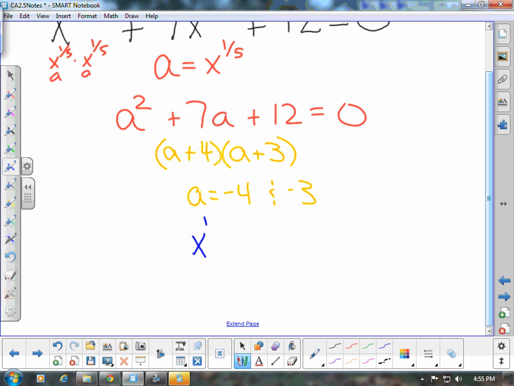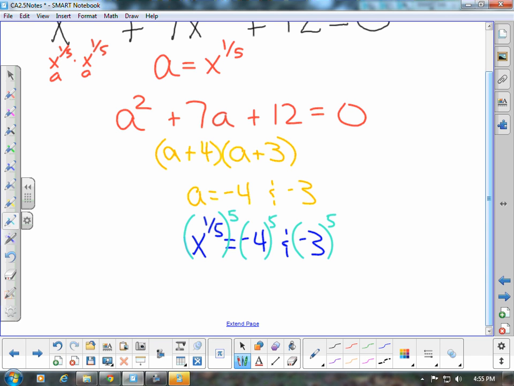So now x to the 1/5 power is going to equal a negative 4 and a negative 3. And then to solve for x, you would have to take this to the 5th power. And then you would have x equals, and a negative 4 to the 5th power is a negative 1024. And a negative 3 to the 5th power is a negative 243.